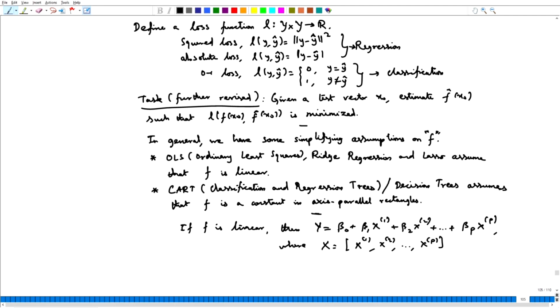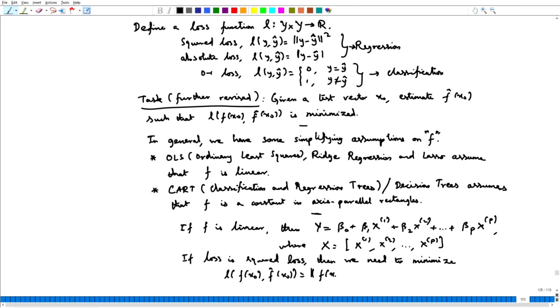And if the loss is squared loss, then we need to minimize. The loss L of f of x naught comma f hat of x naught is the norm of f of x naught minus f hat of x naught, the whole squared.